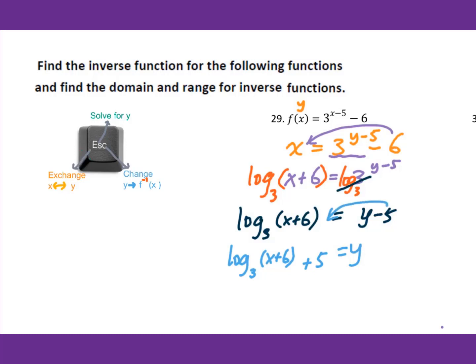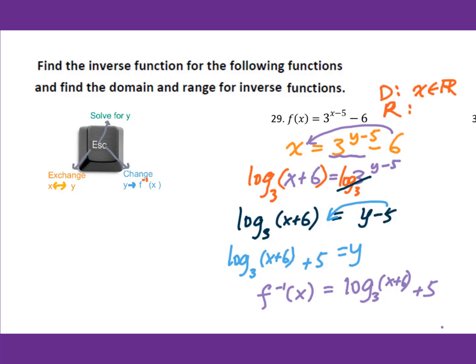Last step, change y into the inverse symbol. We got log base 3 of x plus 6, plus 5. For the domain, that will be all real numbers. For the range, whenever you see exponential form, you will write down y greater than 0.